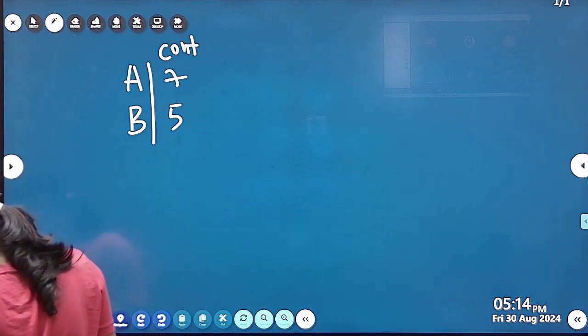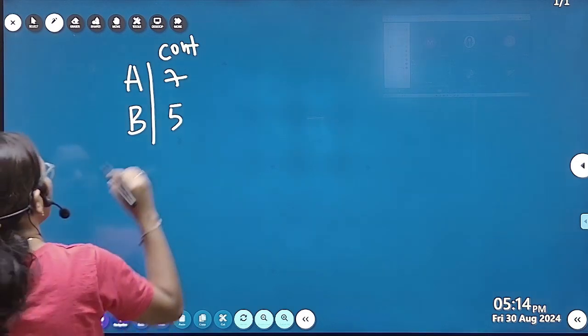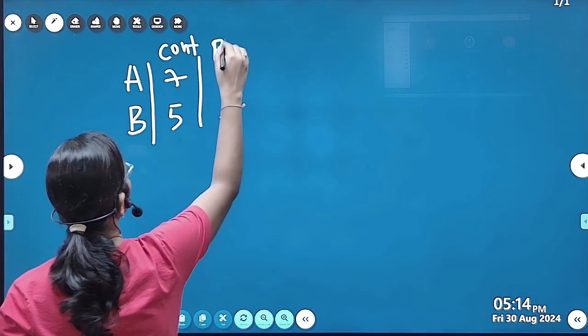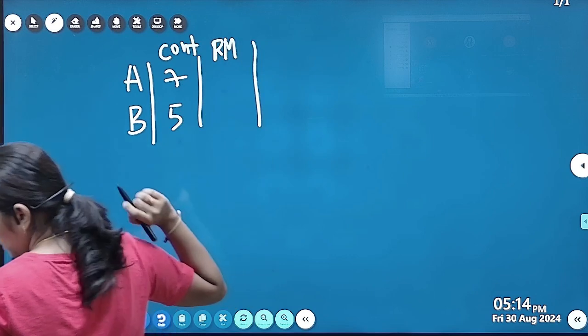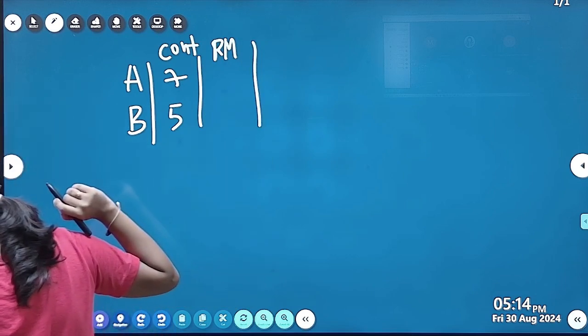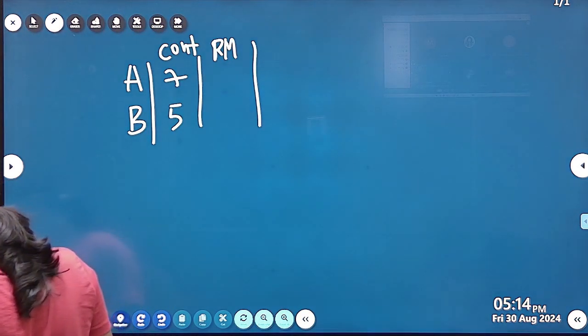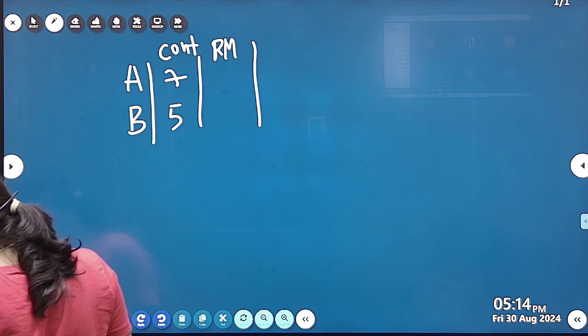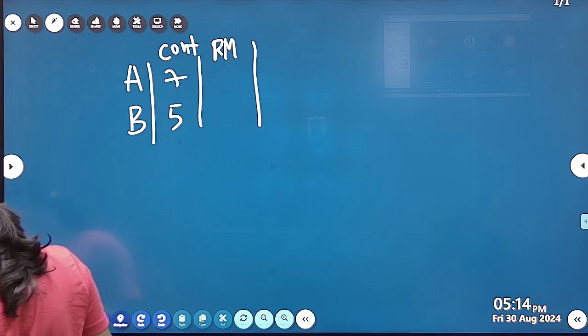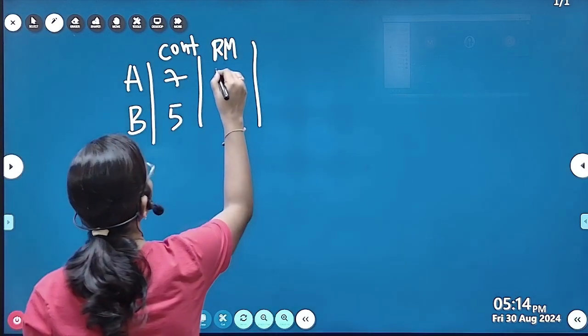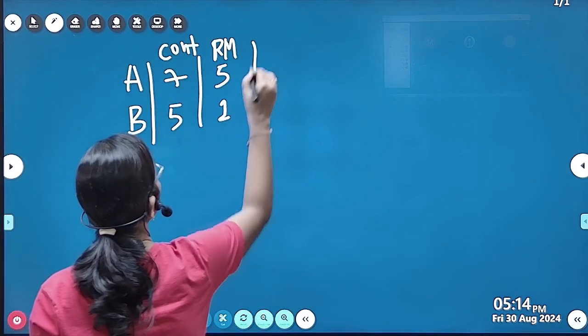Next, raw material: 3 units of raw material for A and 1 unit for B. Next, labor.